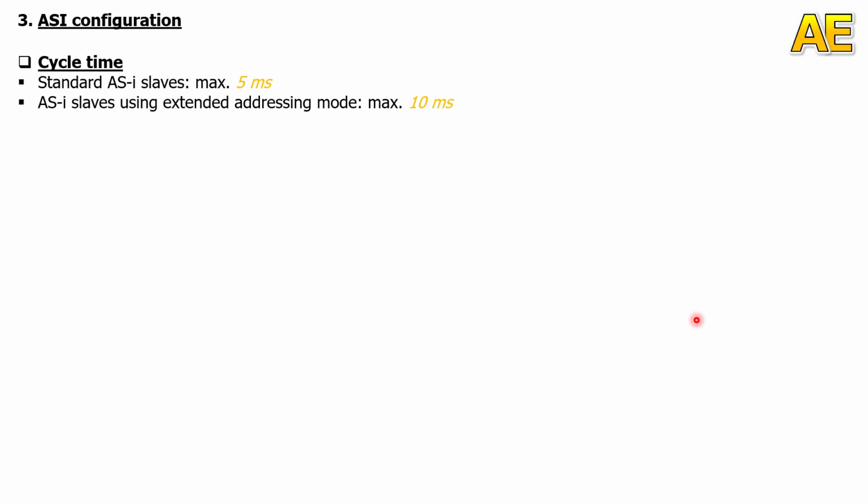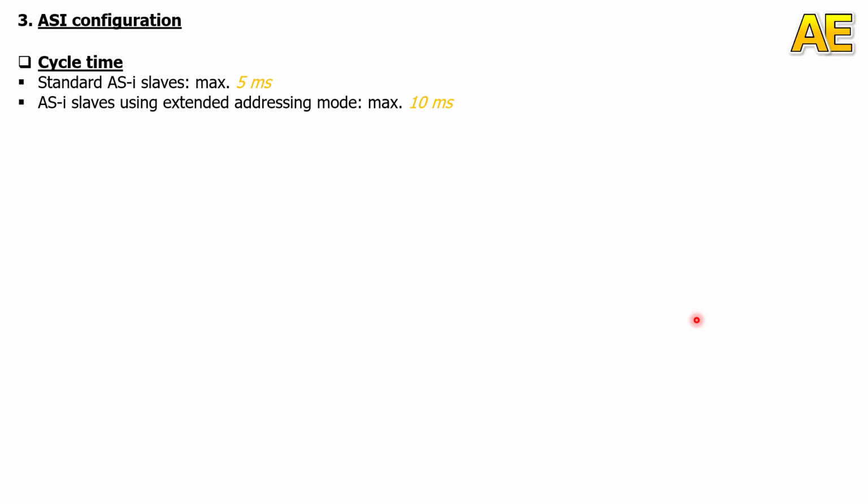ASi uses a constant message length; a complicated procedure for controlling the transmission and identifying the message length in the data format is not required. This makes it possible for the master to poll the connected standard slaves within a maximum of 5 milliseconds and to update the data on both the master and the slave.